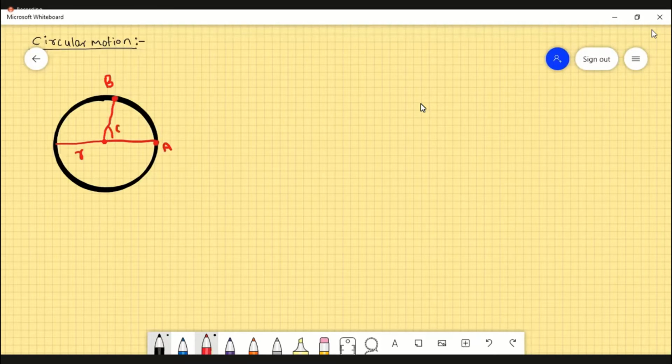So this is theta. And what is the distance? Let us consider this L, we call it the arc length. Displacement we know: linear displacement is the shortest change in position between two points.